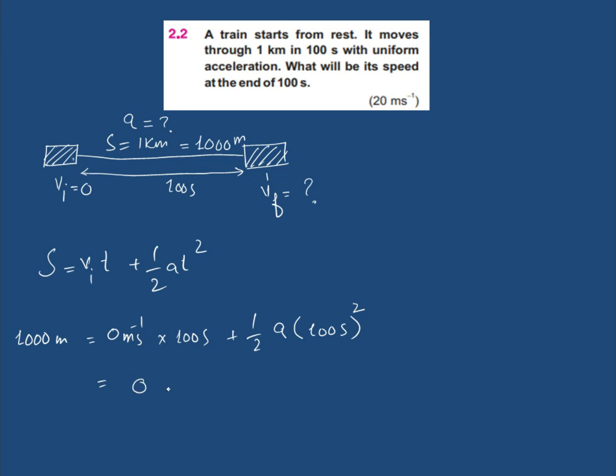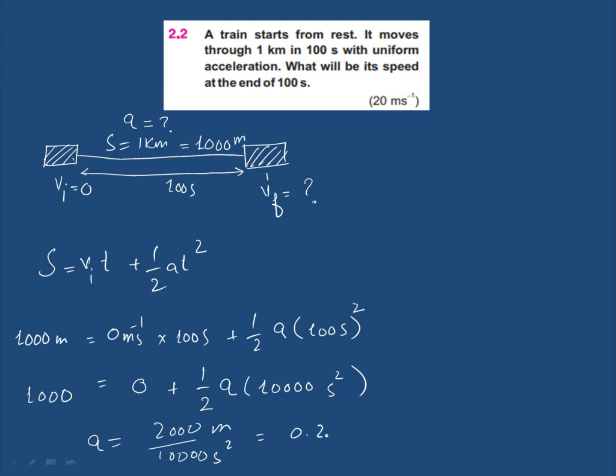Now this first term becomes 0 because 0 multiplied by 100 is 0, and we have 1 over 2 times acceleration times 10,000 s square. Solving this mathematical equation, we come to know the acceleration is equal to 0.2 meters per second square.